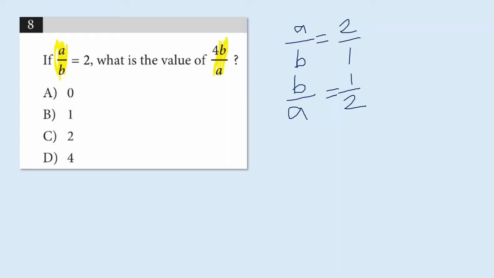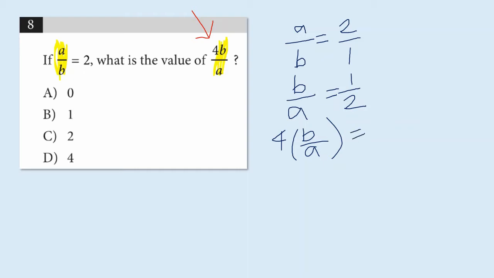And again, I'm trying to get to 4b over a. Well, if I know that b over a is 1/2, then let's take 4 of those. So I have 4 times b over a on the left.